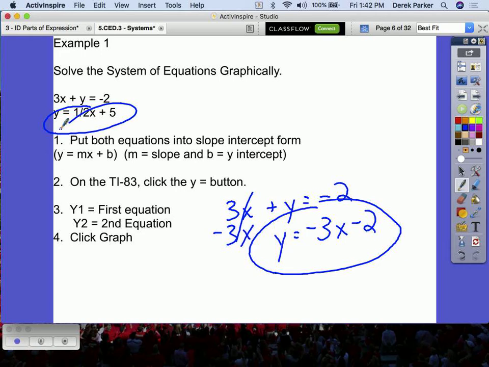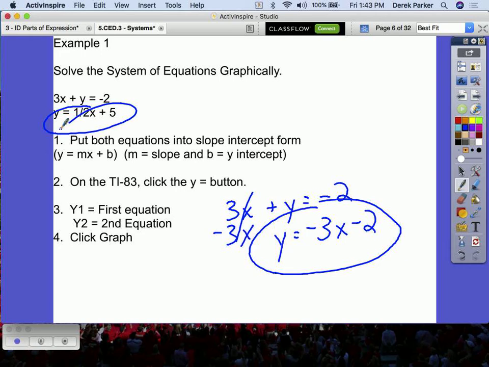y equals negative 3x minus 2 goes as y1. And when you're dealing with fractions, especially that half x right there, put that half, that 1 divided by 2, in parentheses, then place the x beside it, and then go plus 5. Then click graph. As you can tell, those lines intersect, so that means there is one solution.